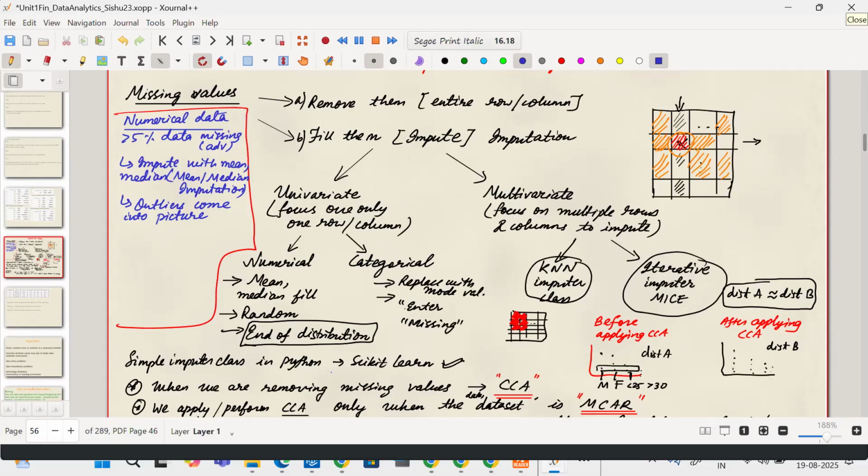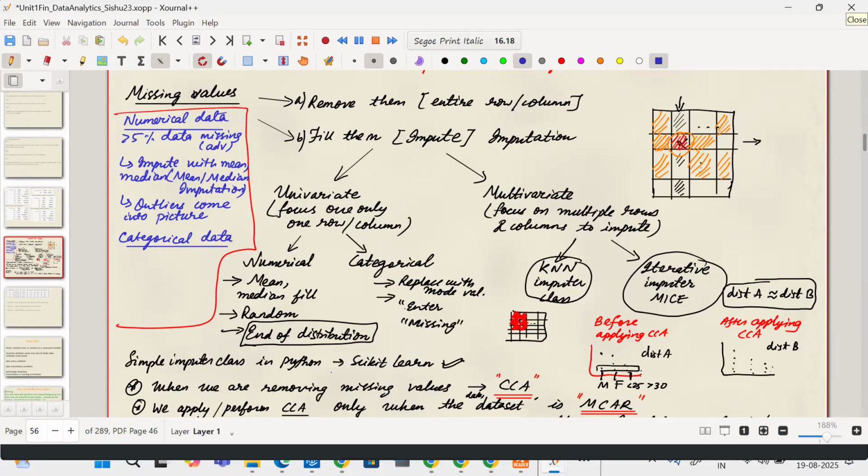We discussed various methods of imputation, that is, filling the missing data in numerical data, in categorical data, and also using CCA, and when to say your data is missing completely at random.